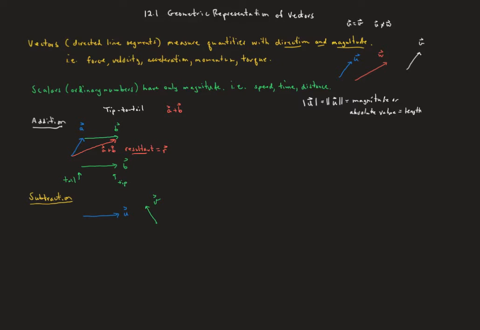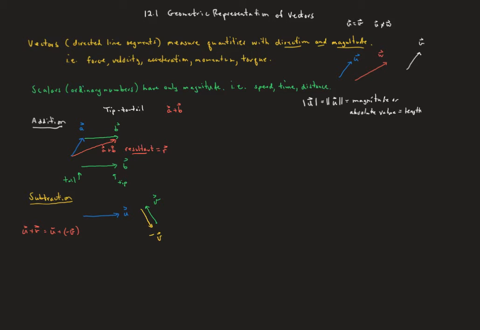So subtraction we can think of as addition. So if we want to figure out what is the vector u minus v, then we think of that as being u plus the opposite of v. And the opposite of v means the same length but the opposite direction. I'm going to get a different color for that. So I'm going to call that vector right here, this vector is the negative of v.